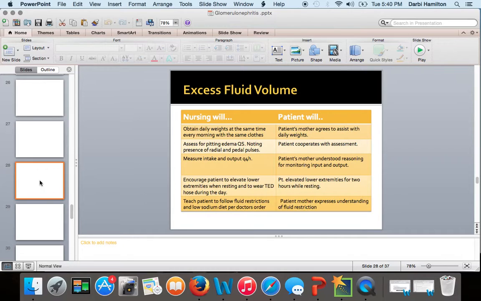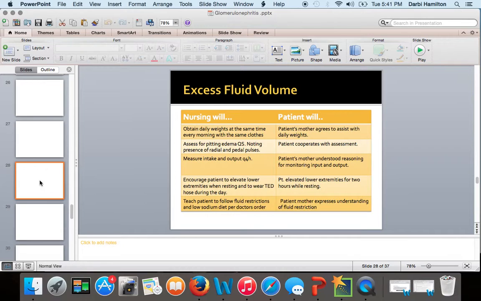Our next intervention is to encourage patients to elevate lower extremities when resting, and also to wear TED hose during the day. This is to help compress the fluids from lower extremities up such that they can be circulated and eliminated. And patient response: patient elevated lower extremities for 2 hours while resting.